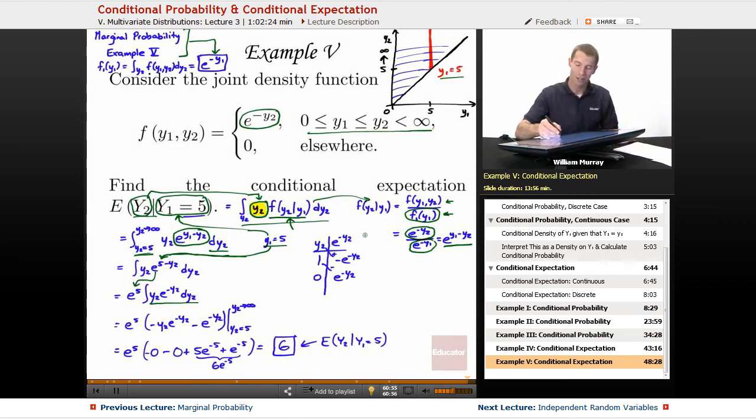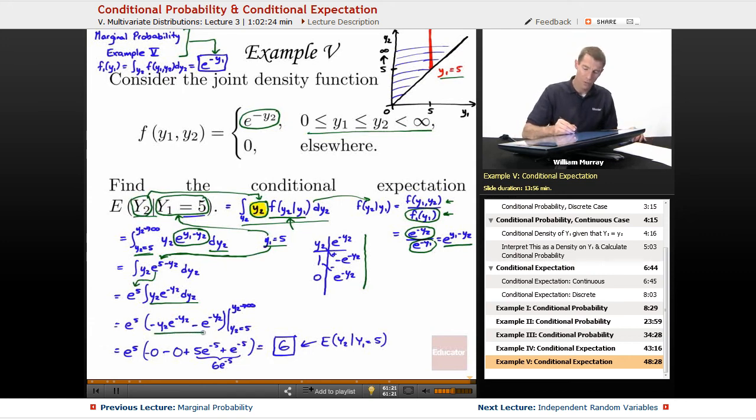So if you're rusty on your integration by parts, here's sort of the quick and dirty way to do an integration by parts for this kind of problem. If you really want to practice integration by parts, check the Calculus Level 2 lectures here on Educator.com. You'll see a whole lecture on integration by parts. And so you can get up to speed on that.